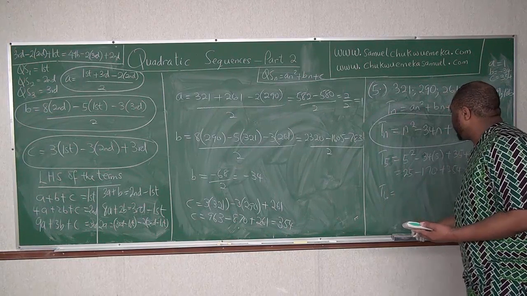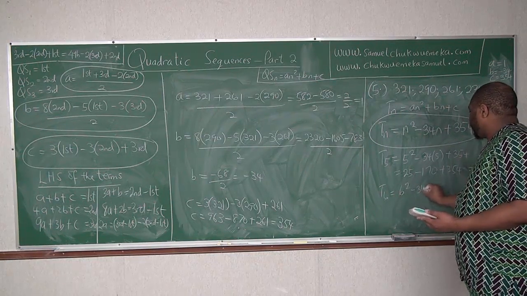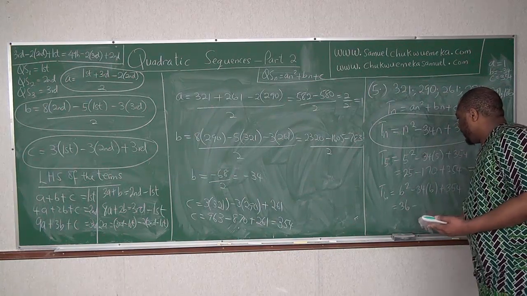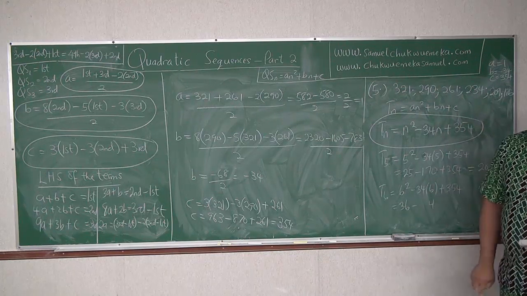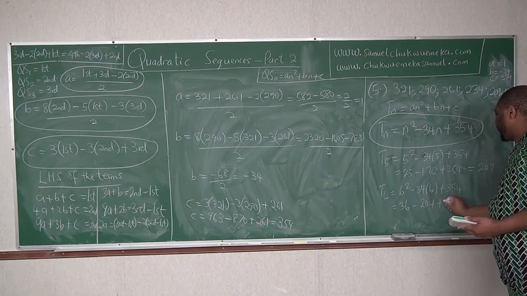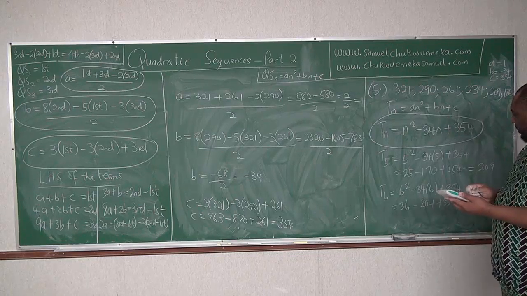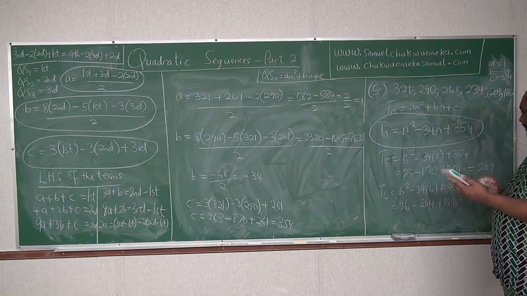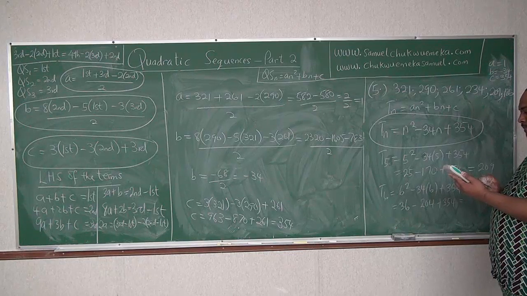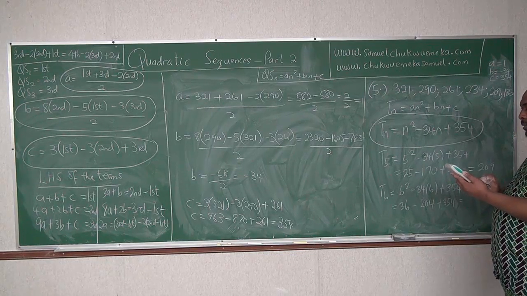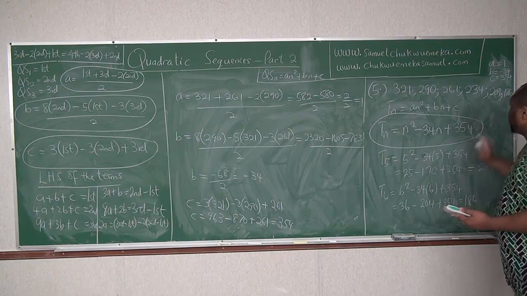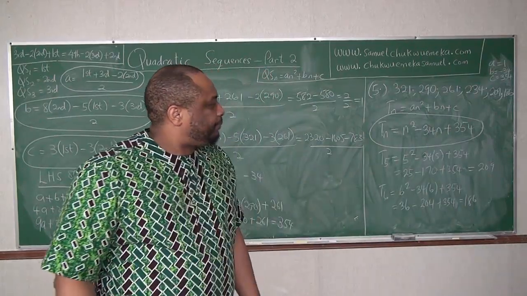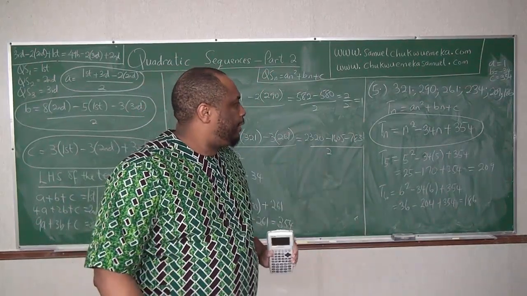Sixth term is 6 squared minus 34 times 6 plus 354. So this is 36 minus 204 plus 354. That gives us 186. Thank God we're correct. That's the answer.